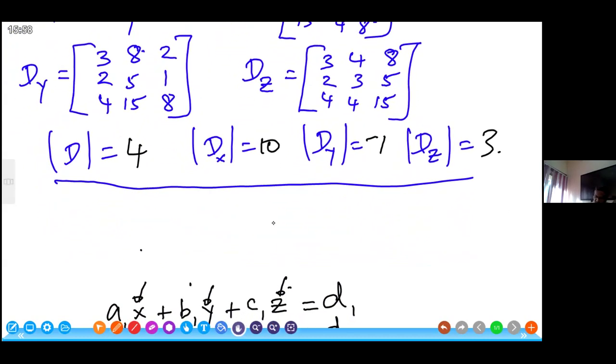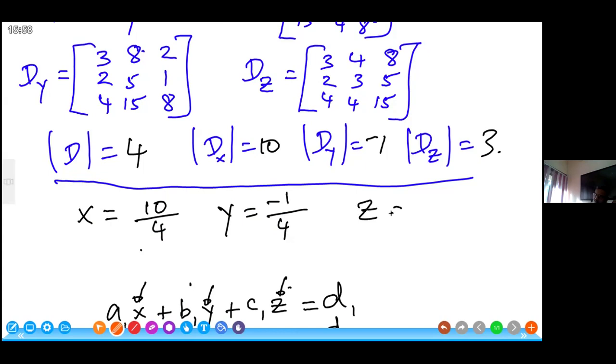So now these are the determinants. Now we have to find the values. X is equal to 10 by 4. Y is equal to minus 1 by 4. Z is equal to 3 by 6.